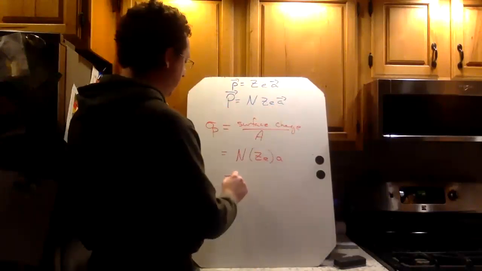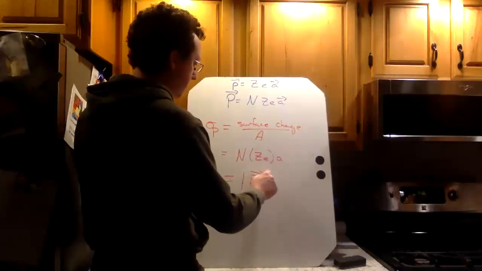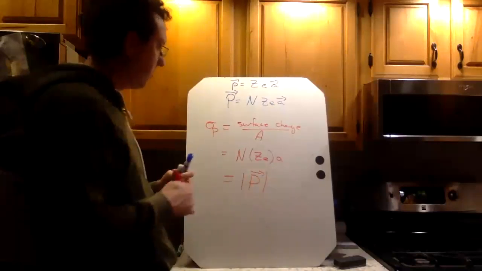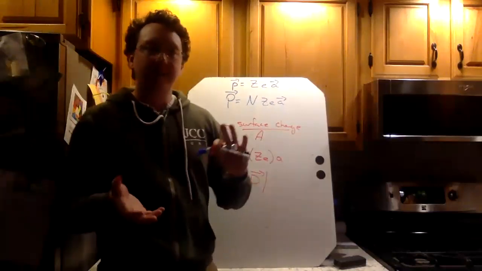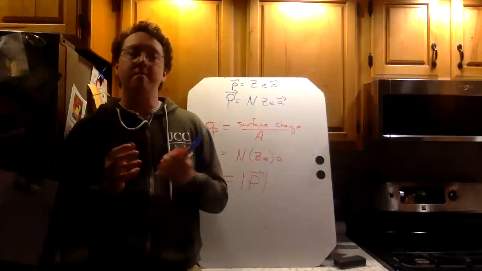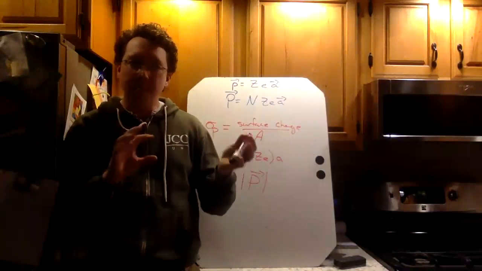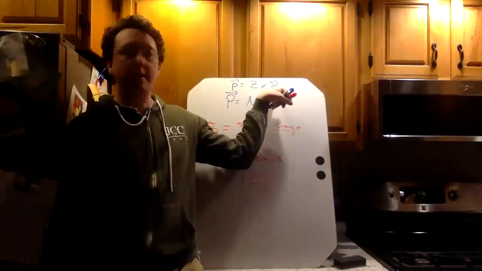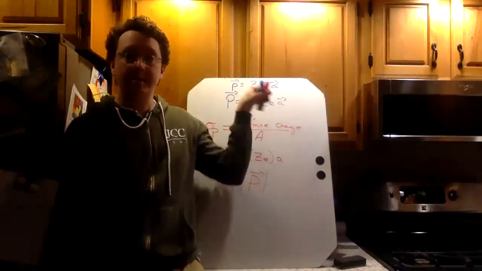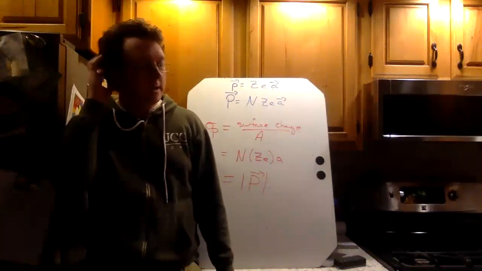But that's nothing other than the magnitude of the polarization vector. Okay? So this is how you can get it. This is the perspective on dielectric materials as to what's really happening on the inside, and it's relating the microscopic quantities A, E, and Z to the macroscopic numbers that you get in the end.